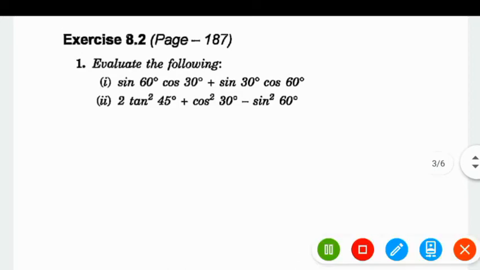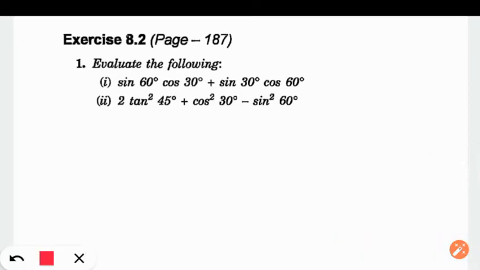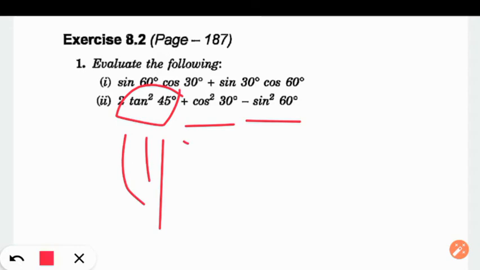So for the second one, what we have is 2 tan square 45 degree plus cos square 30 degree minus sin square 60 degree. The value of tan 45 degree is 1. Tan square 45 degree means tan 45 degree whole square. So tan 45 degree is 1, which gives you 1 square, right?